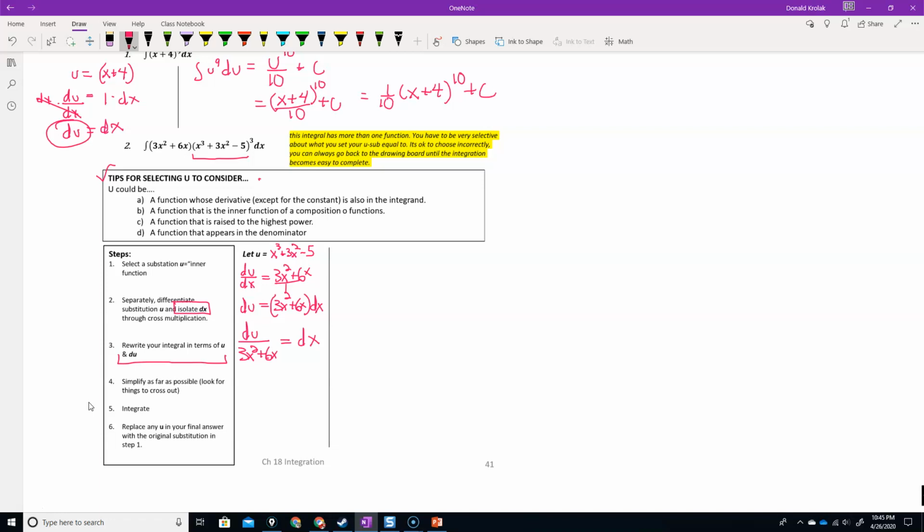So back up here, this is going to be the integral. Instead of writing out this expression, I'm going to write u to the third. And instead of writing out dx, that's why we did this right here, I'm going to put in du divided by 3x squared plus 6x.